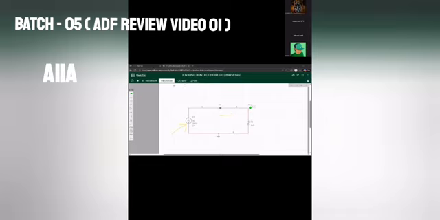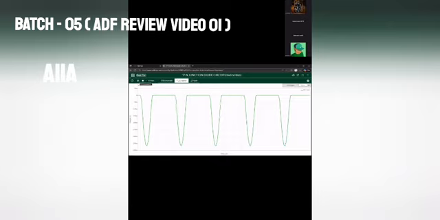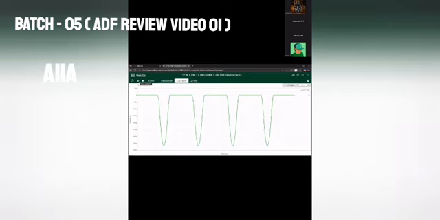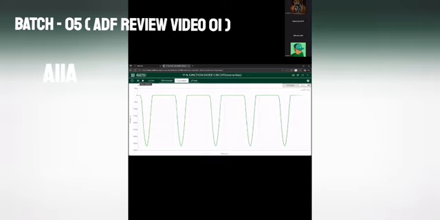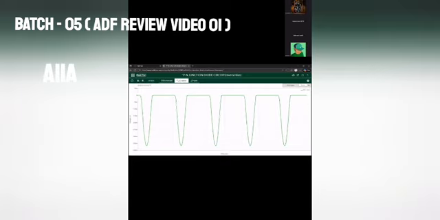And now, coming to the graph, the above graph represents the output voltage waveform in the PN junction diode circuit when subjected to the AC input.